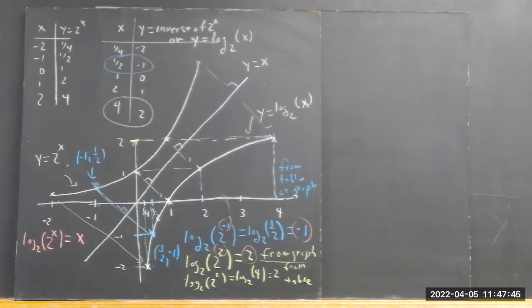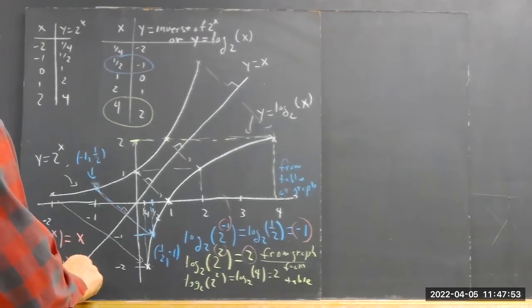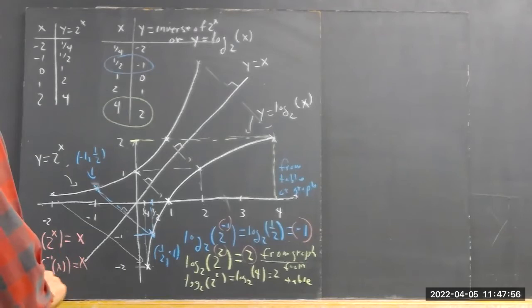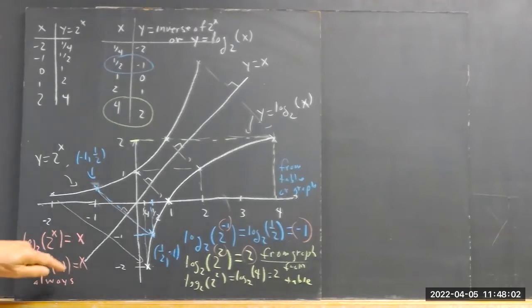Okay. I'll remind you that this is a form: f of f inverse of x is always equal to x.